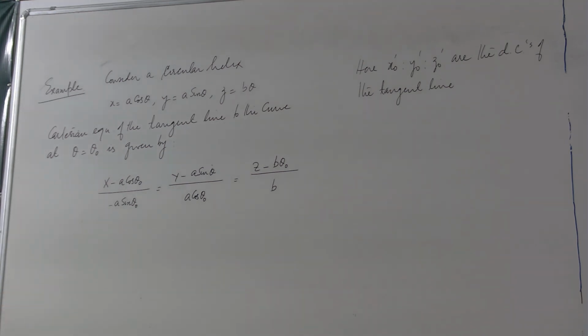Now, in particular you may be asked to find out the tangent line at theta equal to pi by 4 or pi by 3 or anything. You just write down their values, that will give you the equation of the tangent line.